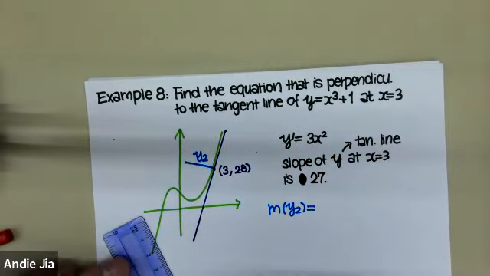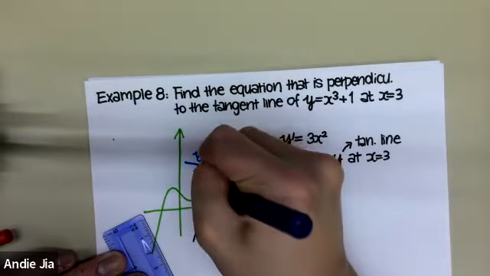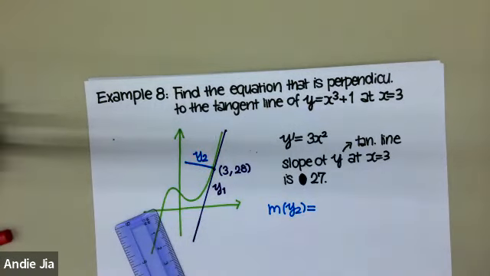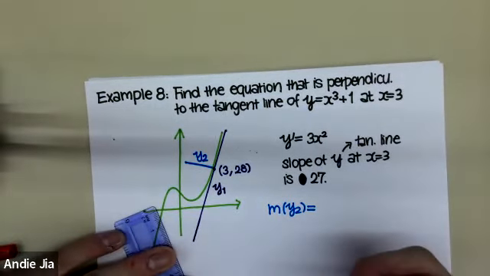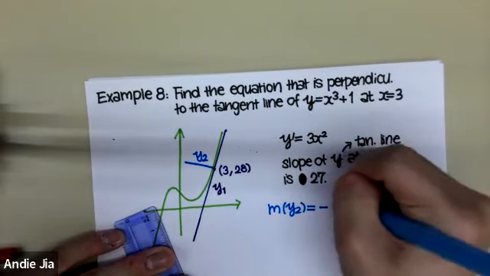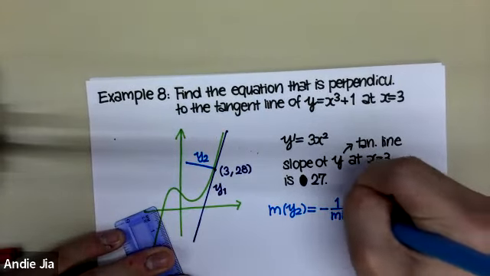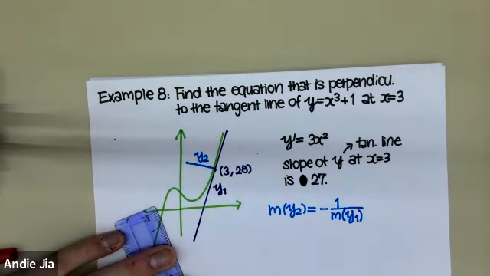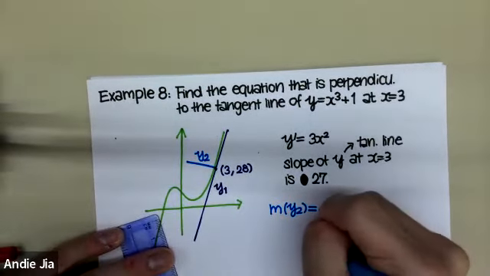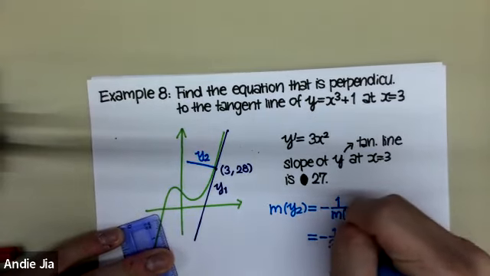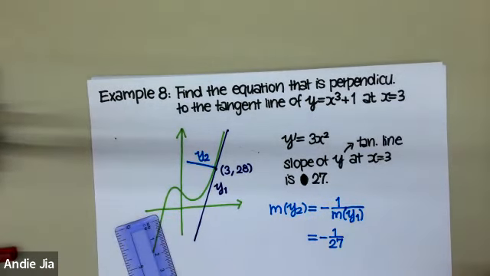So this time we call the tangent line y1, and the slope of y2 is going to be the negative reciprocal, negative 1/27.